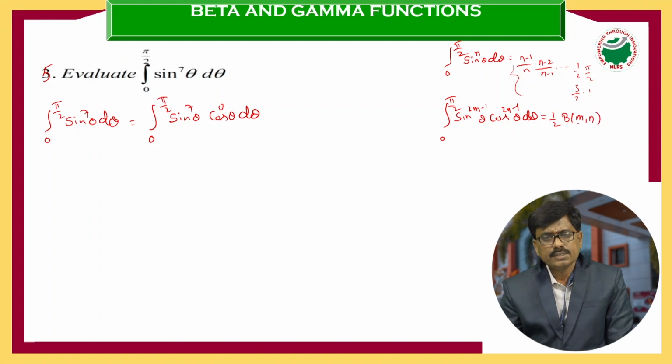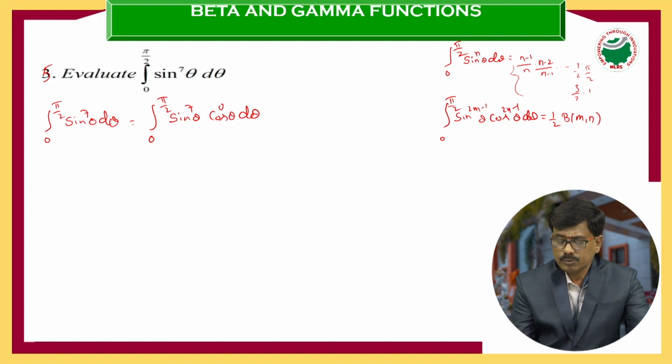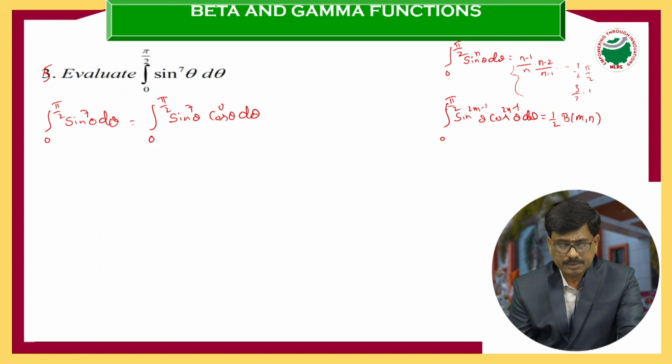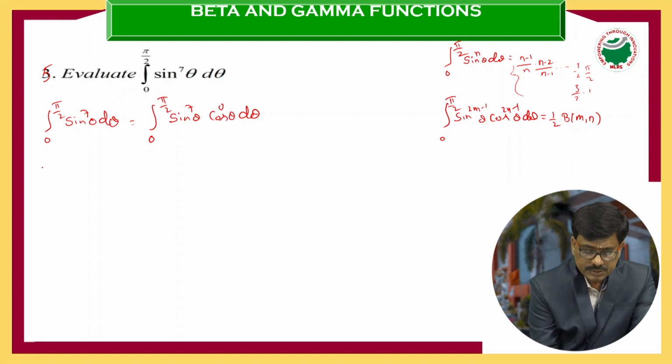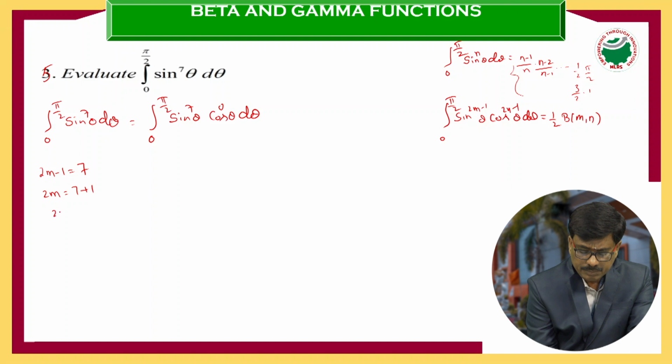What we converted in terms of what? Beta. This integral value, I am going to compare, integral 0 to pi by 2 is the same. What is sine power 2m minus 1? What is 2m minus 1? 2m minus 1 equal to 7, 2m equal to 7 plus 1, 2m equal to 8, m equal to 4.